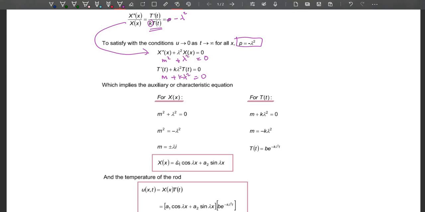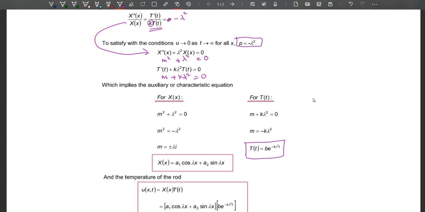Therefore, X(x) is equal to a1 cos lambda x plus a2 sin lambda x. For T(t), we have this first order equation, so T(t) is equal to b e^(-k lambda squared t).